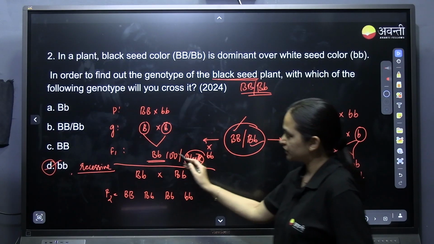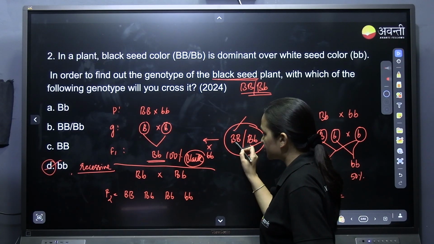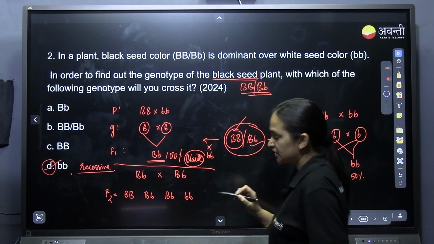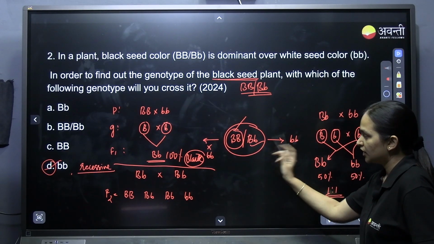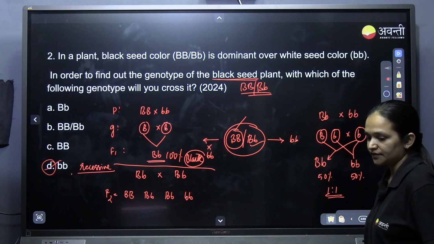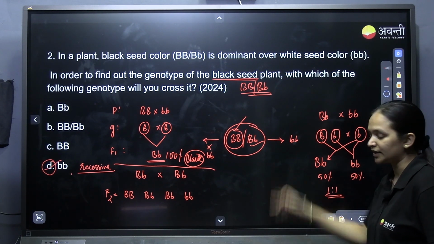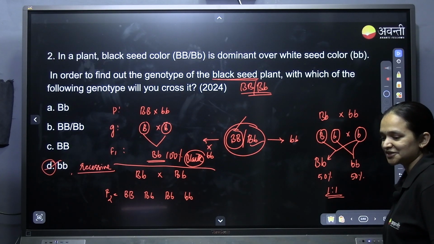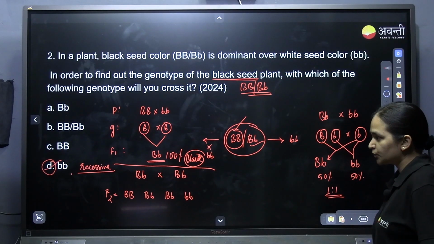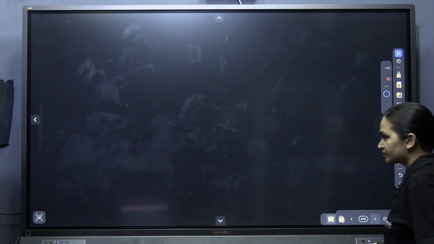If we get 100% black, which means homozygous dominant. If we get 50-50, that is 1:1 black and white, which means heterozygous dominant. I am really sorry, heterozygous dominant. What do you mean by heterozygous recessive? Yes. So, understood? So D for Delhi is the correct answer.